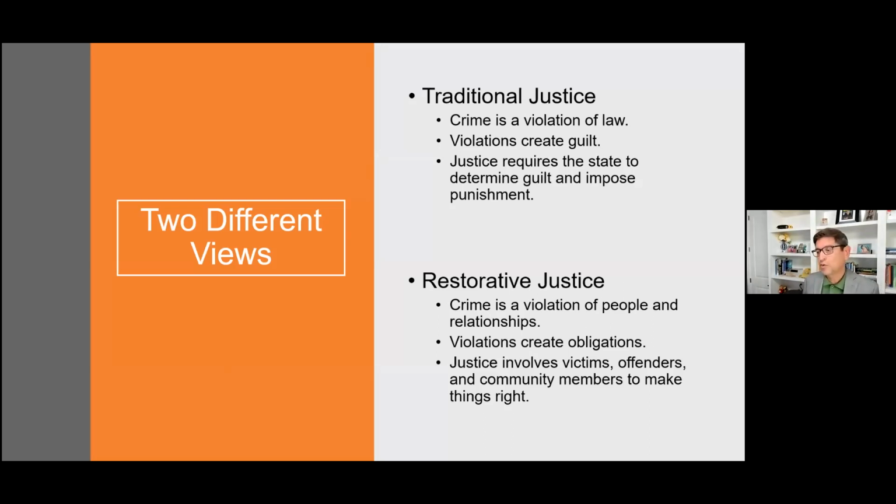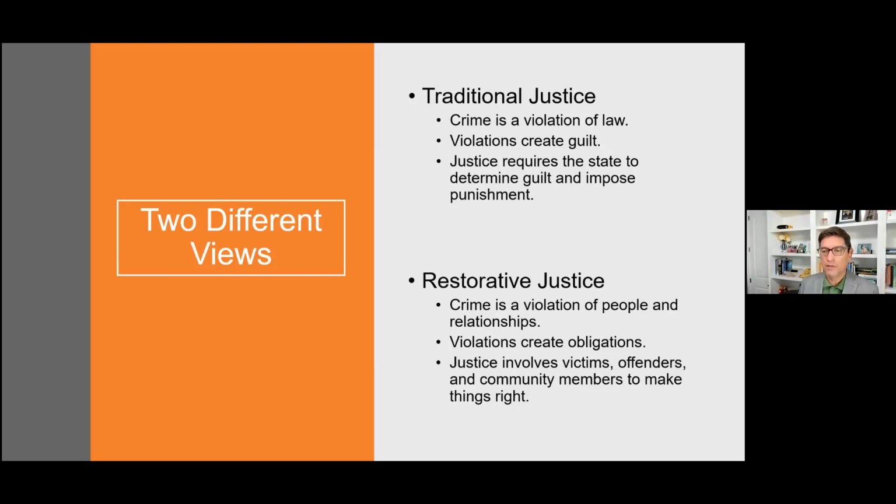Very informal approach. Violations create obligations, and not just for the responsible party, but for the community, right? Because it's how can we, as a community or as a campus, right? What can we do to help these individuals with a resolution or sort of work this thing out, right?